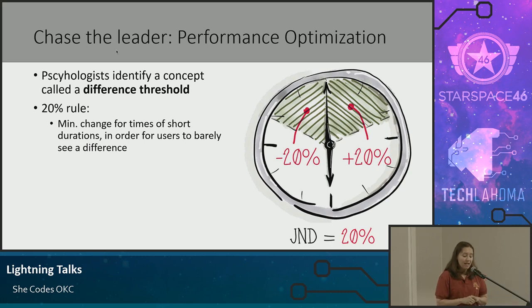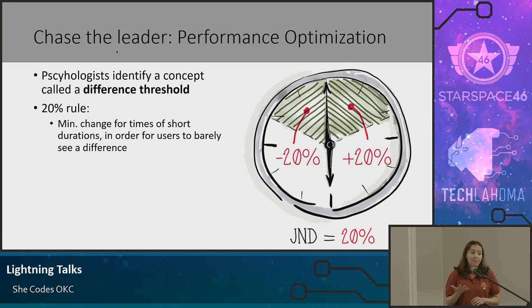Psychologists have identified a concept called a difference threshold. That's the threshold at which we would actually notice a difference. In terms of time, they've noticed that there is a 20% rule, which means that the minimum change for short durations at which somebody would notice the difference is 20%.